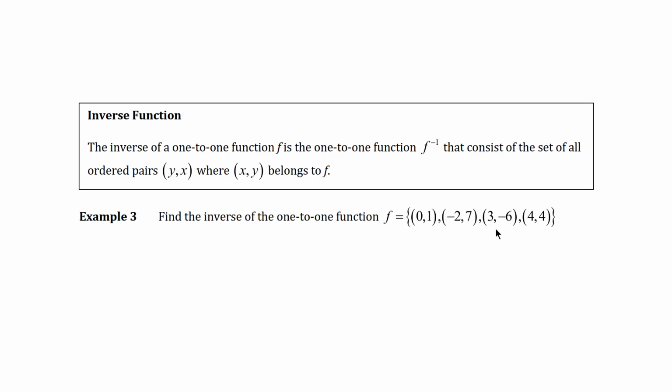All of the ordered pairs that belong in f also belong to the inverse function, except that the x and y coordinates are reversed. So for the answer, I wrote f inverse equals, and I have a set of curly brackets, and on the inside, I have the ordered pairs (1, 0), (7, -2), (-6, 3), (4, 4).